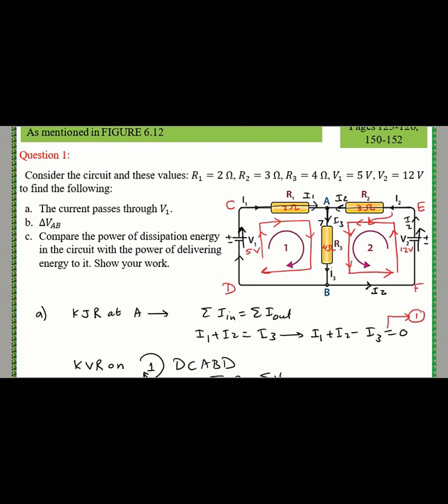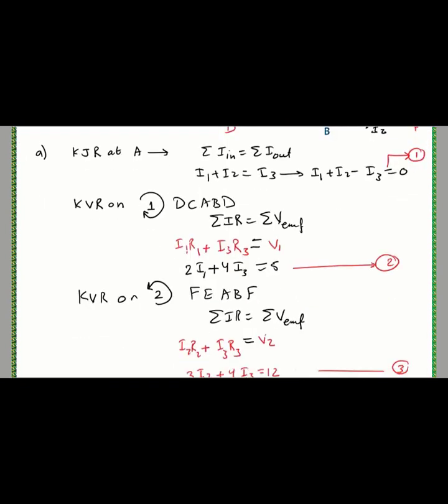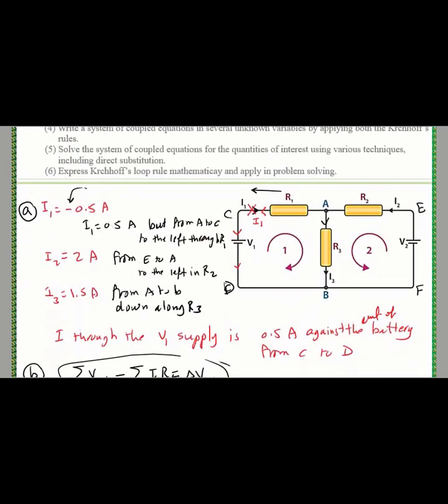Why? The current through V1 is against V1. V1 increases the voltage, while I1 goes from higher to lower, so it is opposite to the battery. So battery V1 is in charging mode, so it is dissipating energy. The only source of energy in this circuit is V2.